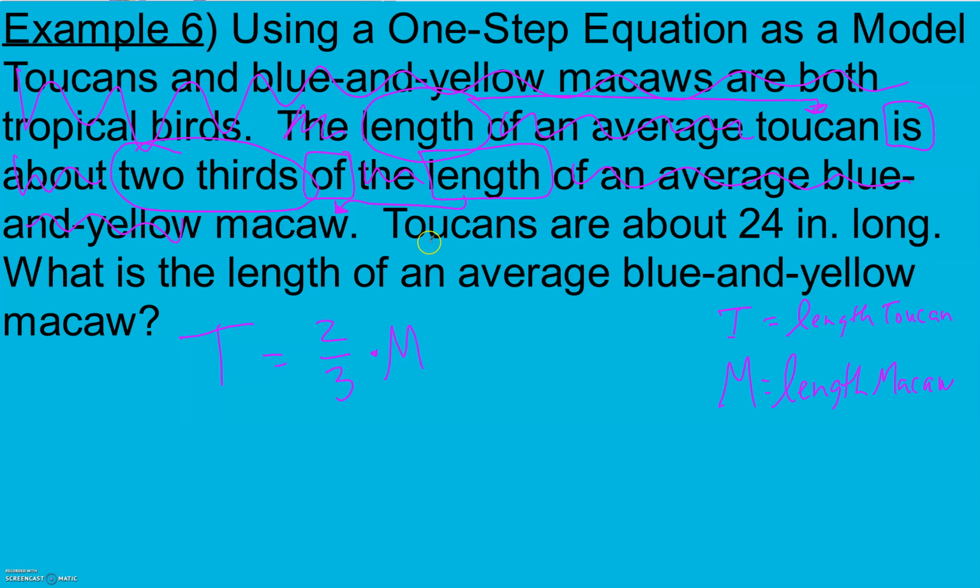Then it tells us toucans are about 24 inches long. So toucan's length means equals 24 inches. We want to know what is the length of the macaw. So here toucans are 24.